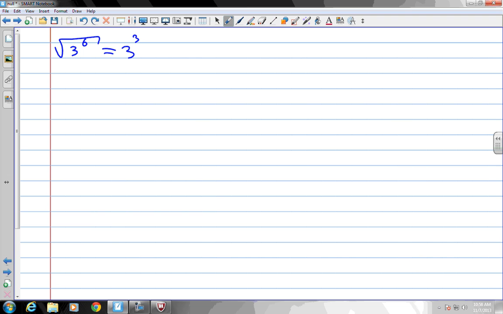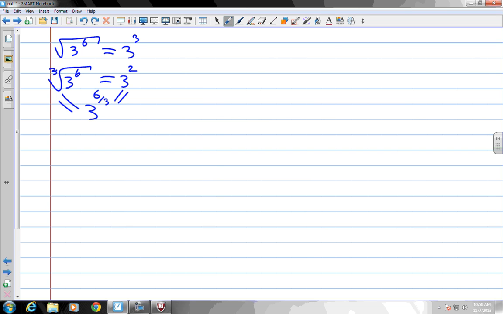Well, what do you think will happen if I ask you what is the cube root of 3 to the 6th? 3 squared, because you will divide by 3. So it looks like you're taking the power and you just divide it by whatever the index is. You agree with that? So really what you're doing is making it 3 to the power 6 over 3 equals that.